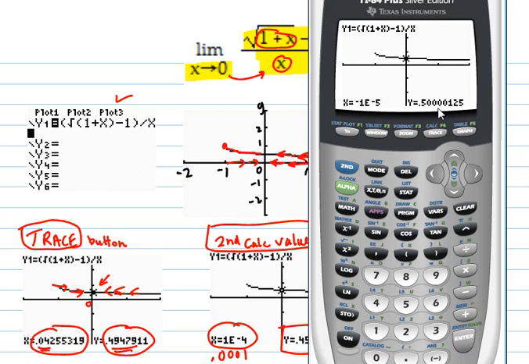So that's pretty convincing evidence that the limit really is 0.5.